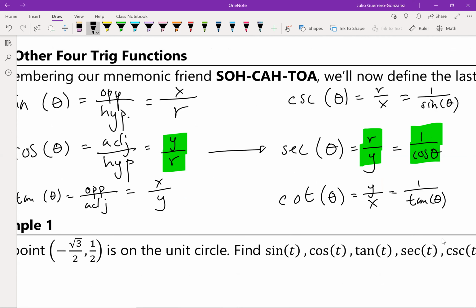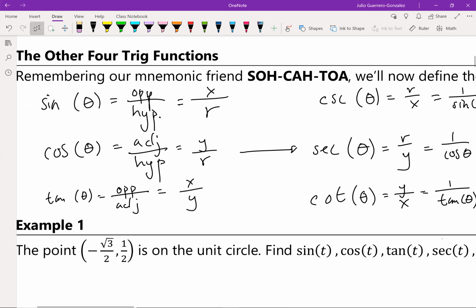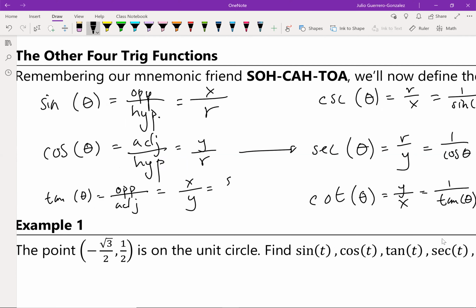Now, there's one quick identity that I haven't shown you guys. Essentially tangent is also sine of an angle theta divided by the cosine of the angle theta.